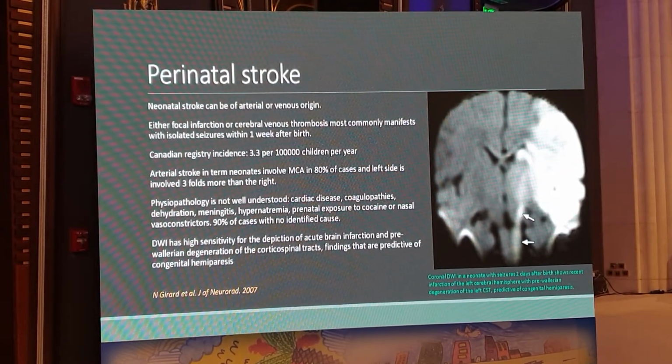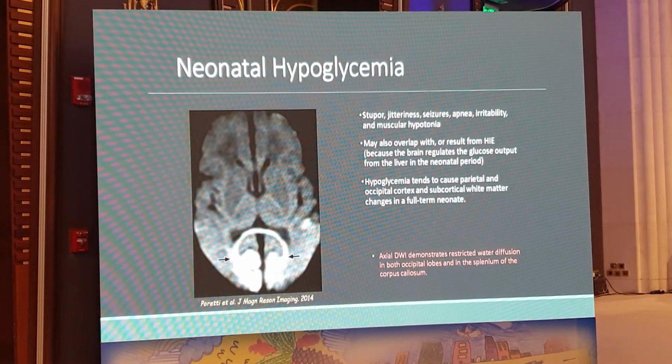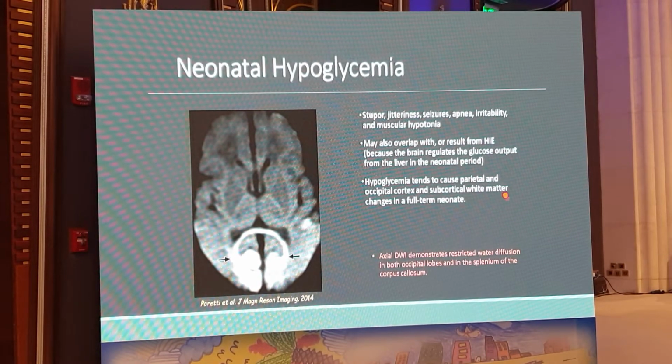That predicts that there might be congenital hemiparesis. Okay. Neonatal hypoglycemia on MRI will show specific involvement of the occipital lobes bilaterally, as well as the posterior part of the corpus callosum.